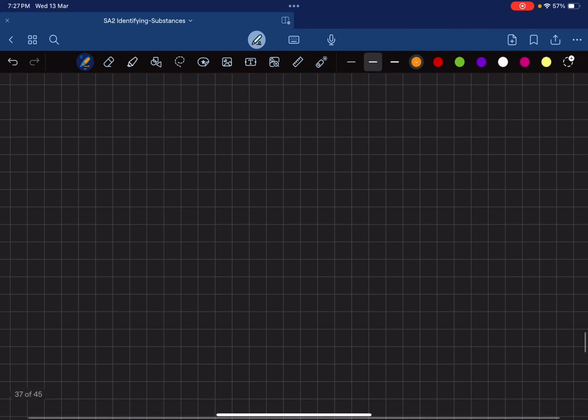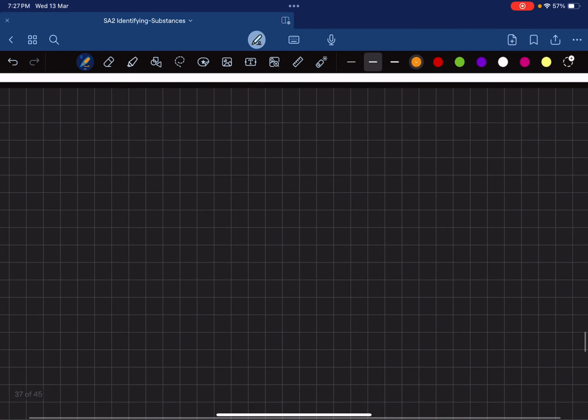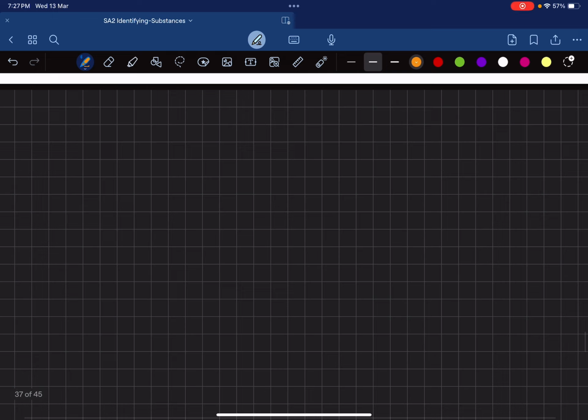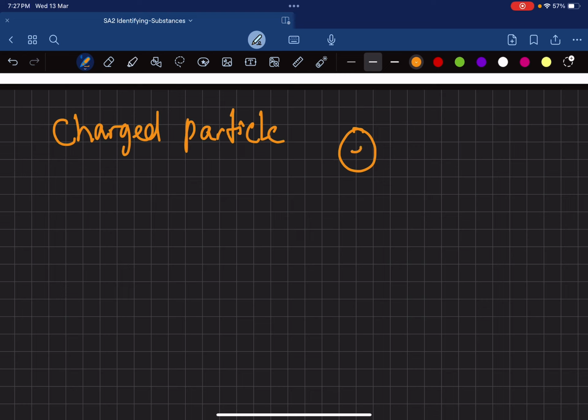So let me just explain to you. When we have a charged particle, let's say an electron, when it spins, it produces a magnetic field.